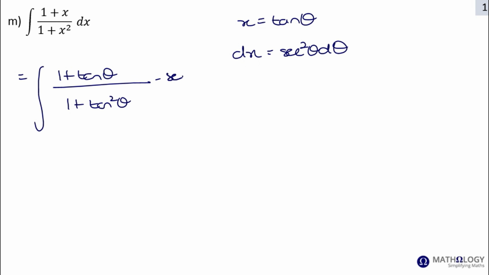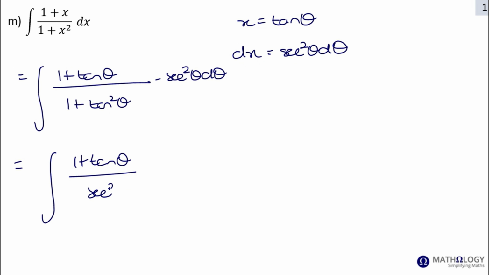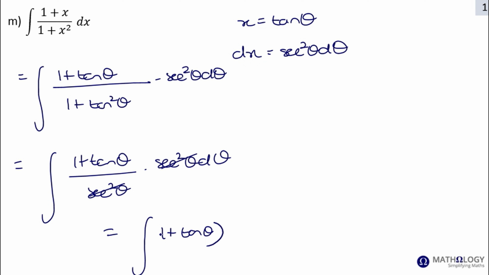That equals the integral of 1 plus tan theta over sec squared theta times sec squared theta d theta. Sec squared theta cancels out, which is nice, and we get the integral of 1 plus tan theta d theta.